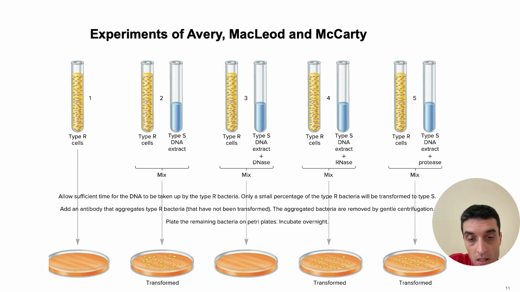And when they mixed, nothing happened. It's still all rough pneumococcus. When they mixed the DNA extract with RNase, so they destroyed all the RNA, they had a transformation from rough cells to smooth cells.